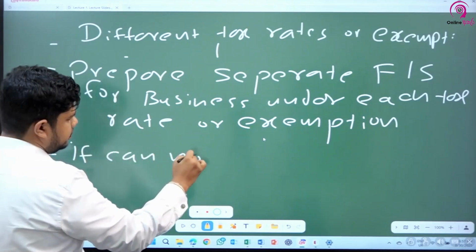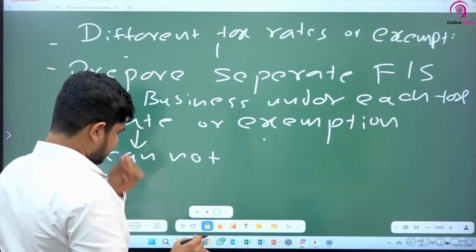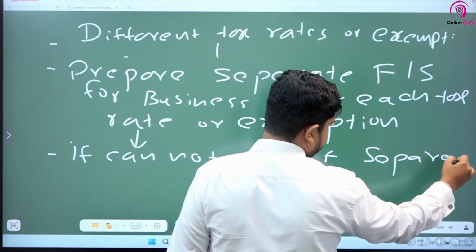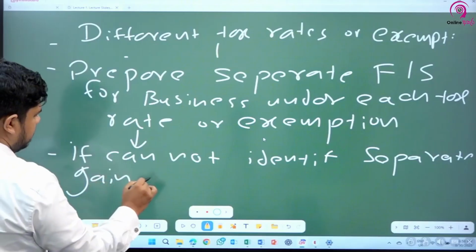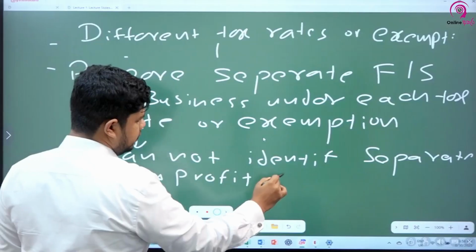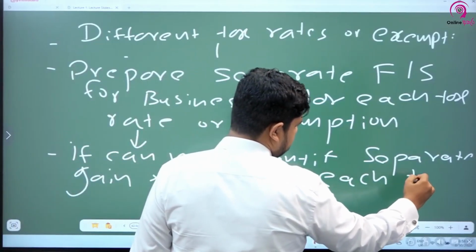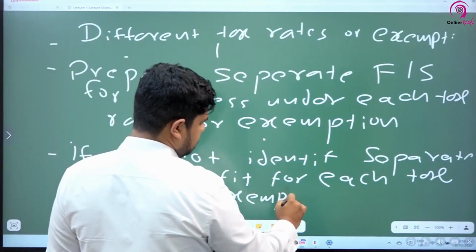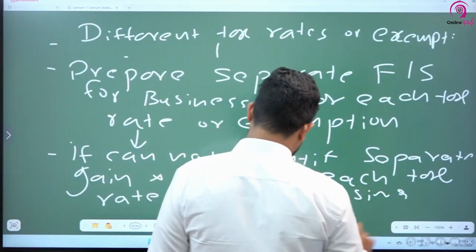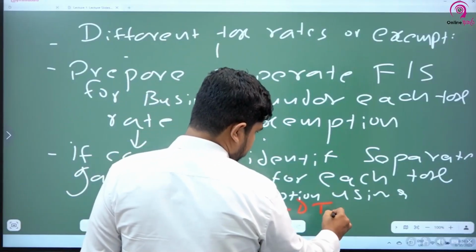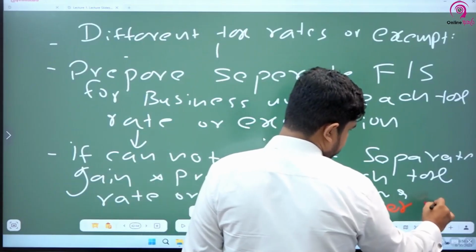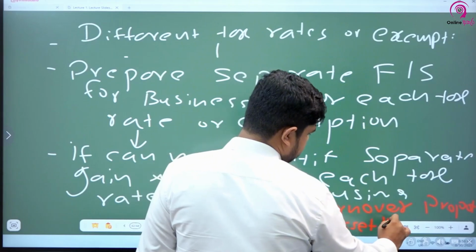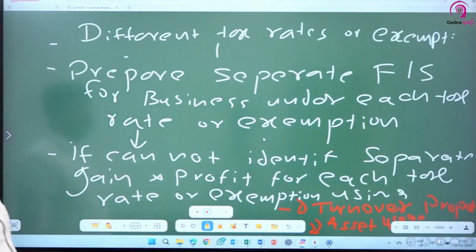If you cannot identify separate gain and profit for each tax rate or exemption, use turnover proportion or asset usage.